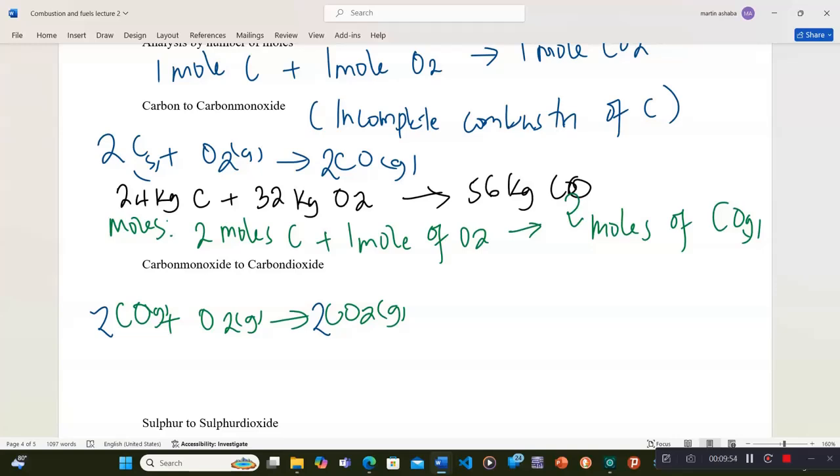So this oxygen now becomes what? If oxygen is 4 here, this side it is 6. So if it is 6, what happens? I need to put a half here. So if I put a half here, this becomes 2, and this becomes 4.